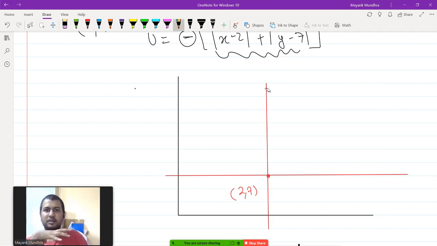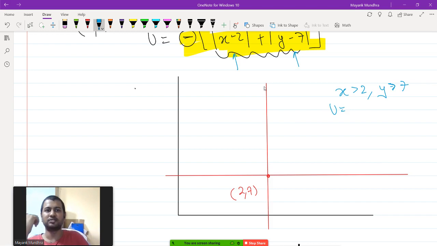Remember that my utility function is mod of x minus 2 plus mod of y minus 7, and the whole thing has a negative in front. So this region is when your x is greater than 2 and your y is greater than 7. In that case, this thing becomes just x minus 2, and this thing becomes just y minus 7.